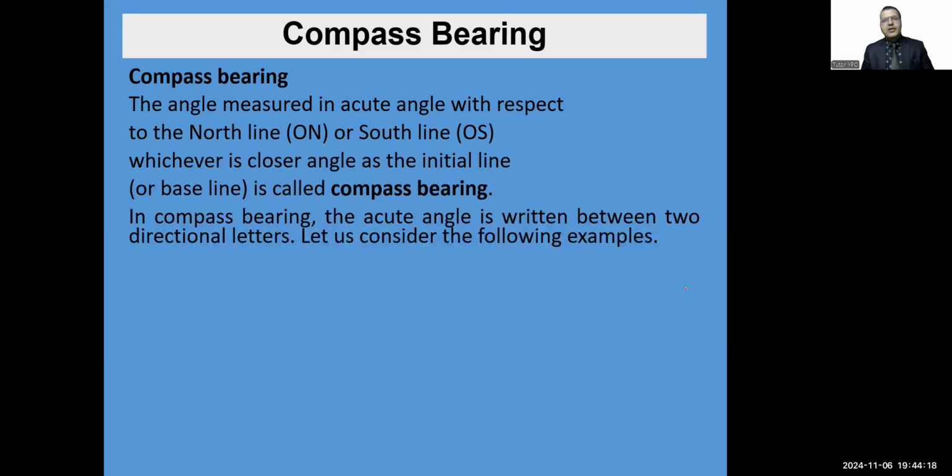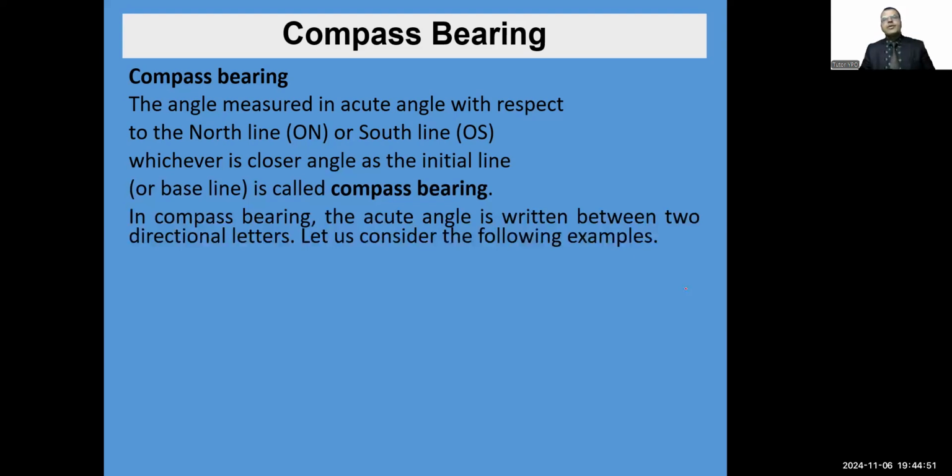Then how to determine whether the north line or the south line is to be taken? It depends on which line is closer to the point. If the given point is closer to the north line, or from the north direction, then we use the north line as the initial line.